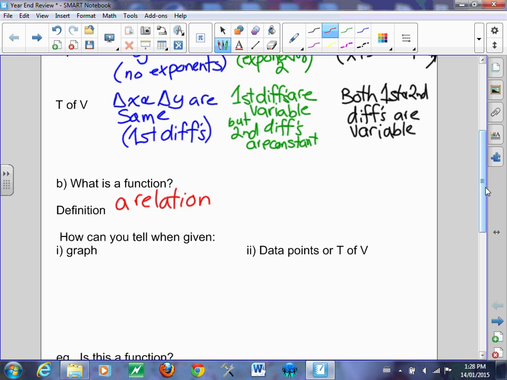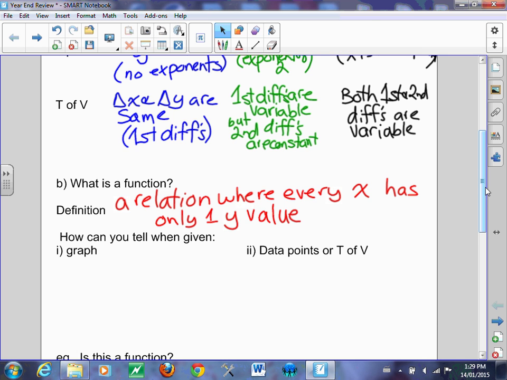So it's a relation where every x or independent variable has only one y value. Okay, remember the short form: each x has only one y.